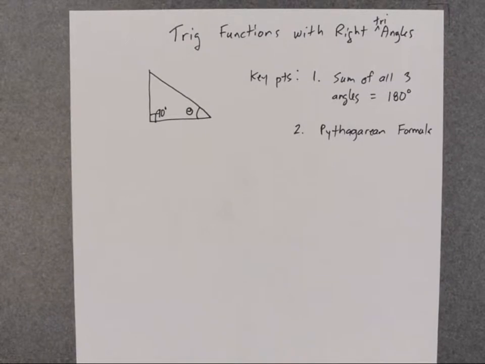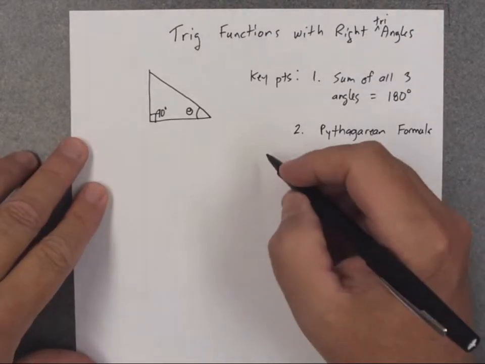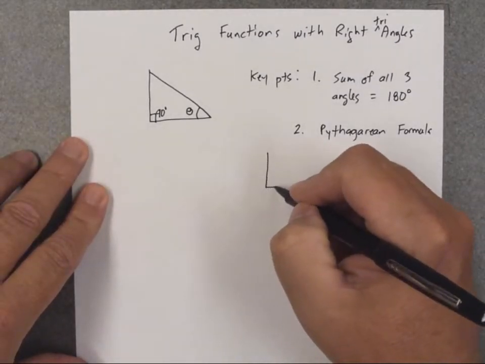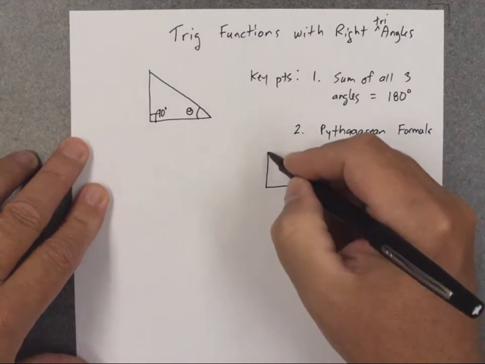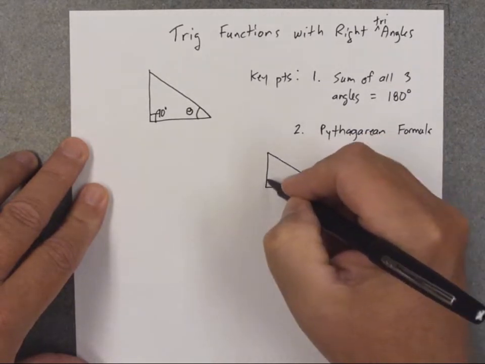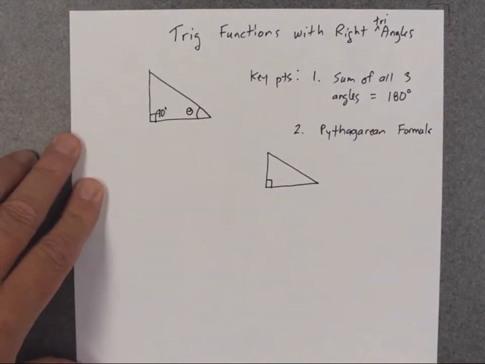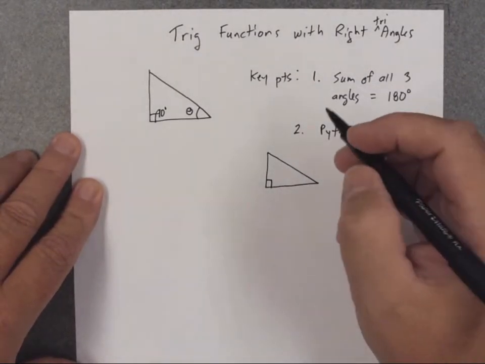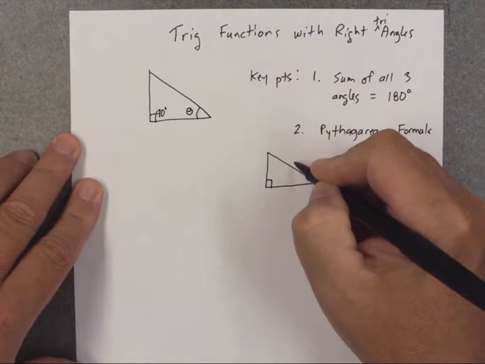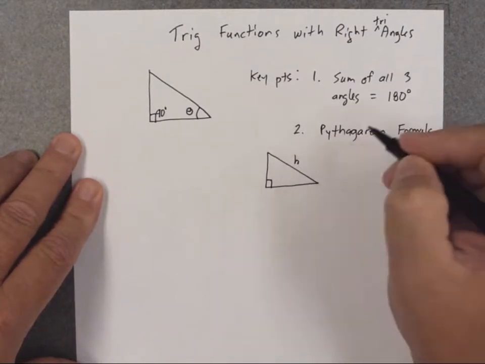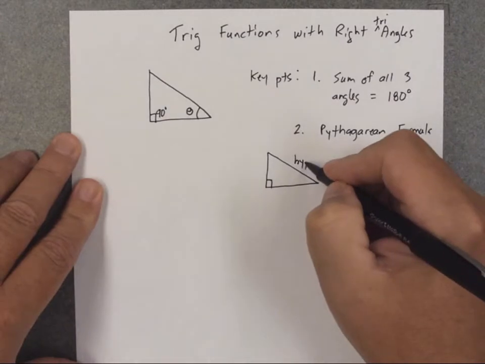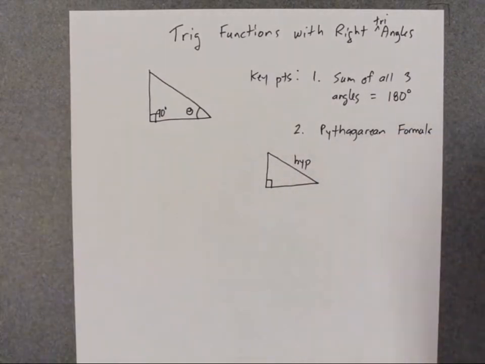Now, if you recall from geometry, when we define the Pythagorean formula, we draw a right triangle. The longest side, the side opposite the right angle, is called the hypotenuse.